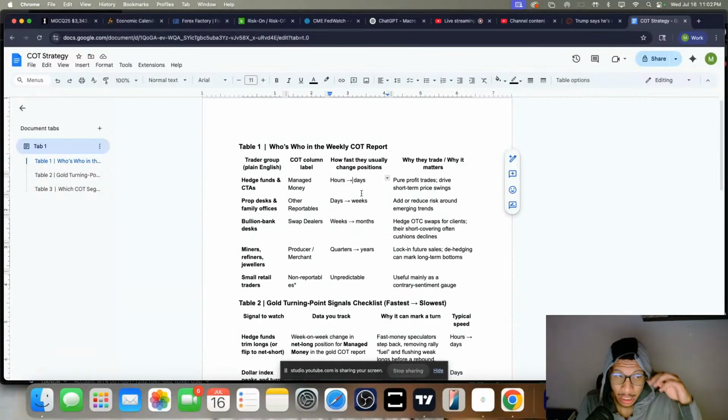Every Friday a new commitment of traders report comes out, and it says, okay, hedge funds cut their long positions by 1,000 and increased their short positions by 5,000, and depending on how money is flowing, it just gives us signals for what could happen in the future.